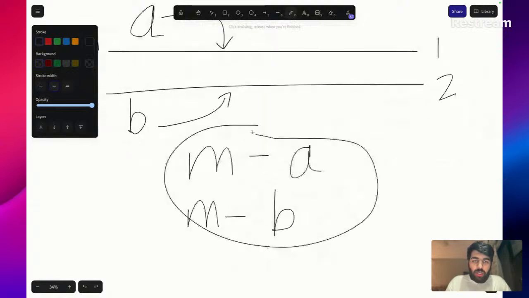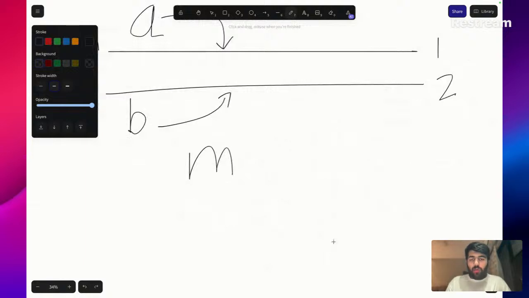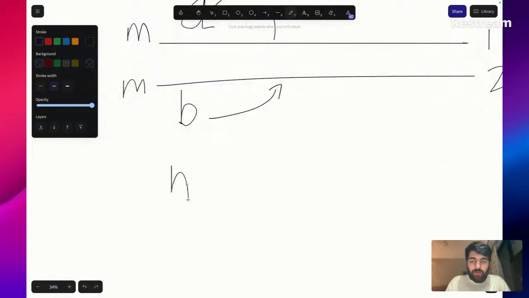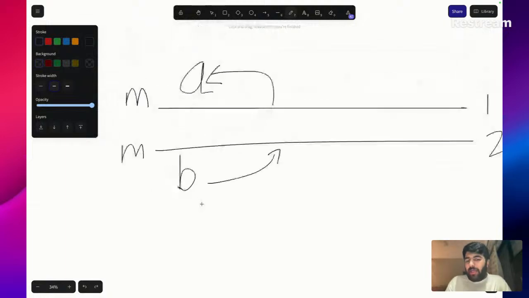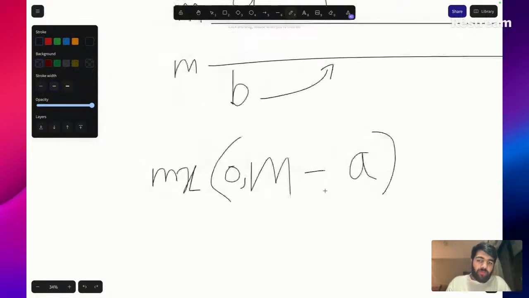Now we have to club this with C. It is very much possible that A is greater than M, so for M minus A we take the max of 0 and M minus A. Why?